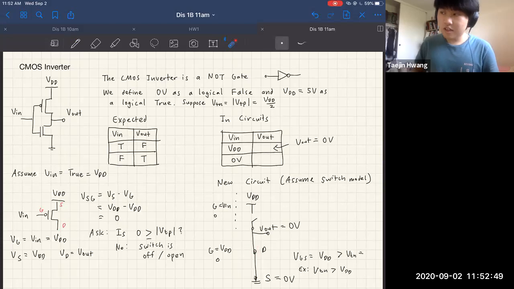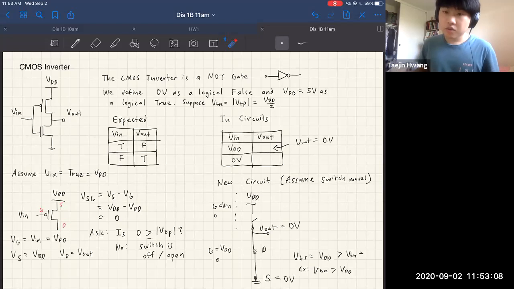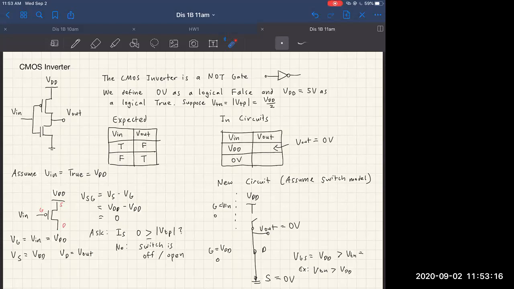Yeah. And this is kind of a choice of the designer. So the circuit designer needs to be smart and pick a logical high, or a true, as something greater than the threshold. Okay, so the minimum your VTH could be is VDD because it's greater or equal for the NMOS. Yeah, and VTH is always something internal to the transistor. So normally you pick VDD based on what VTH is. Okay. Does that clarify it?